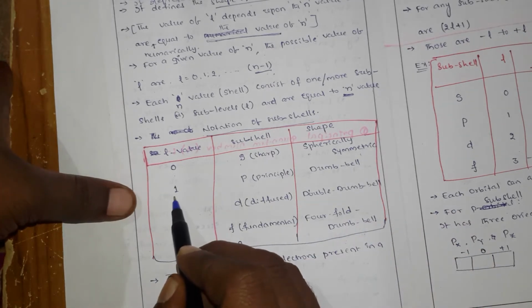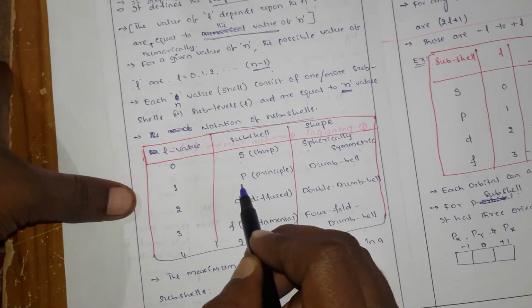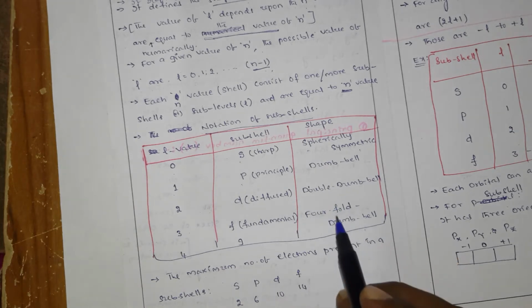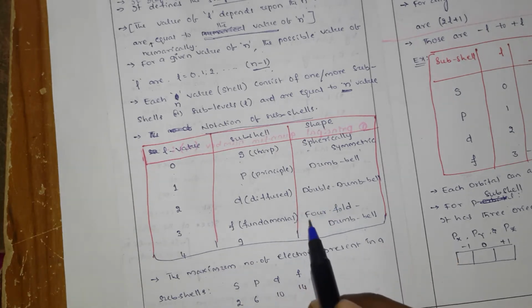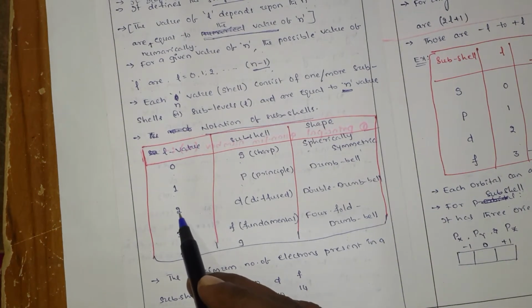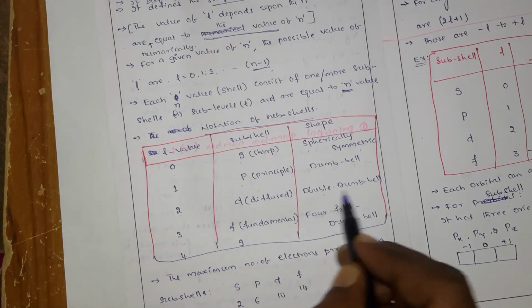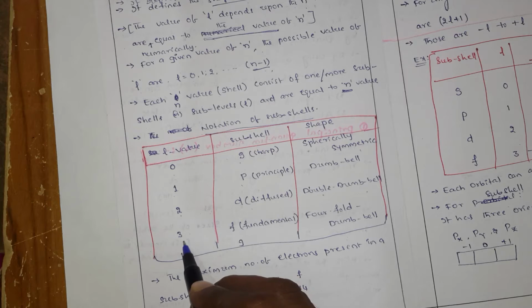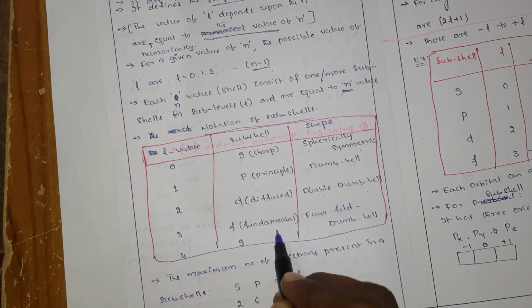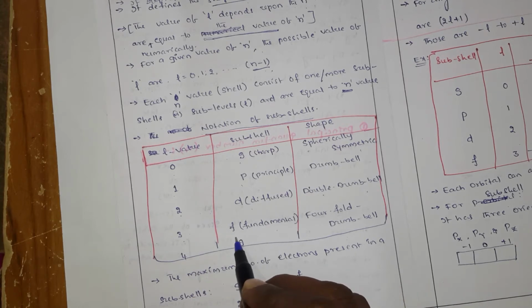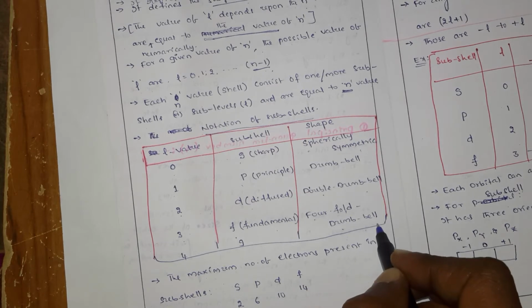If the L value is 1, it is the p subshell, a double dumbbell. If the L value is 2, that is the d subshell, a double dumbbell in shape, and if the L value is 3, it is the fundamental f subshell, a 4-fold dumbbell.